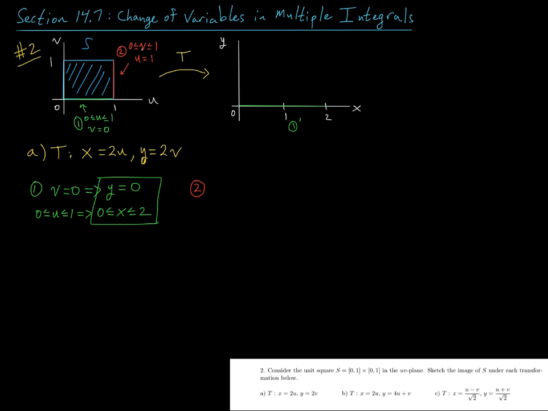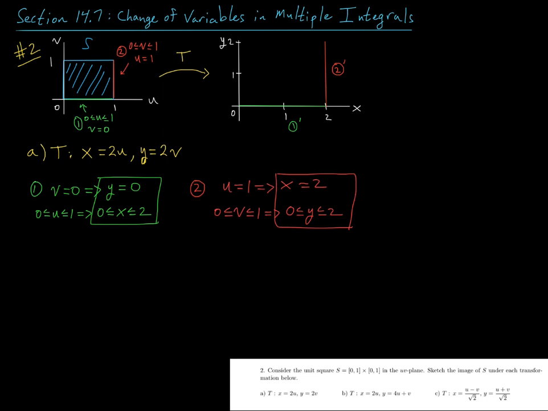Here, v varies from 0 to 1, and u is constant 1. So u being constant 1 will imply that x being twice u will be constant 2. And v varies from 0 to 1, so that's going to imply that y will vary from 0 to 2. So these conditions describe that edge.